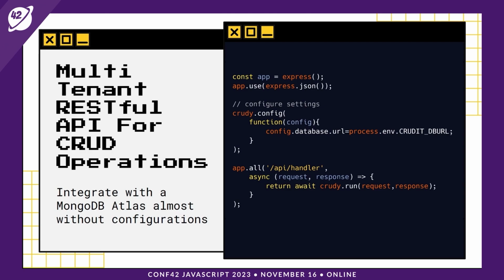Every request with this basic configuration will create a database for each user that makes the request, and the collection where the data is stored will be based on the path of the request. So let's say my username is Daniele, and I call the API on the path prova.